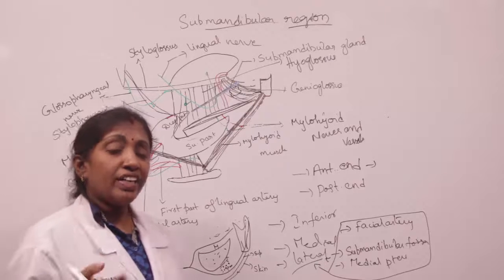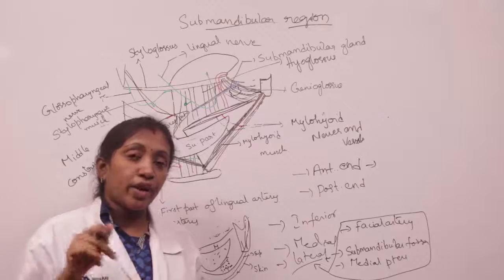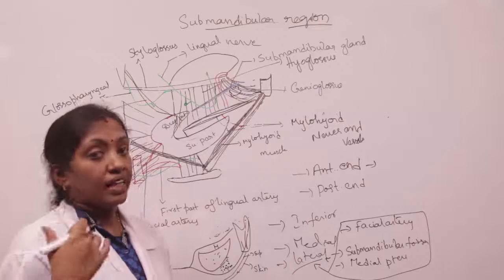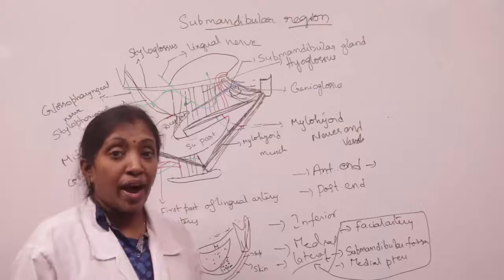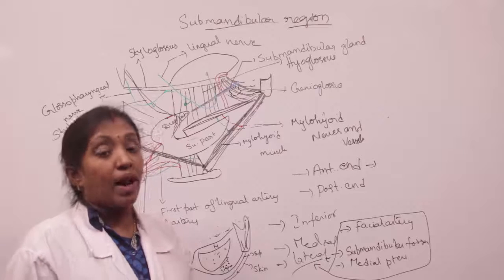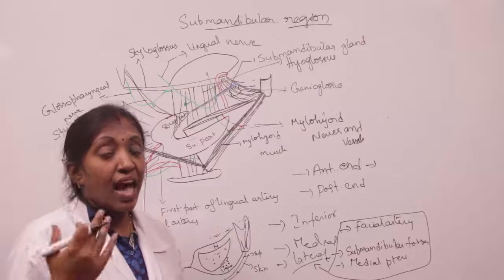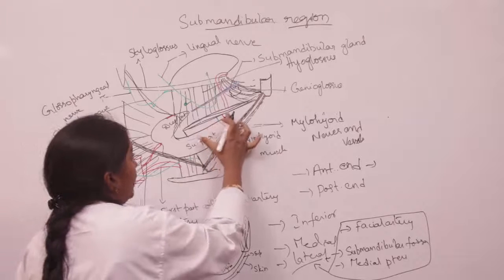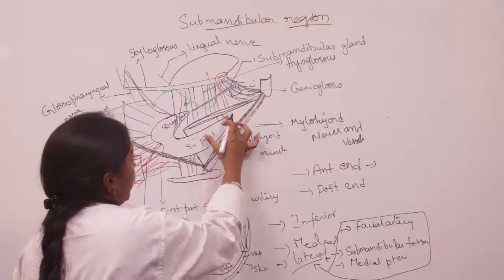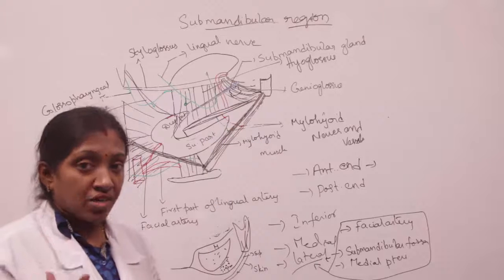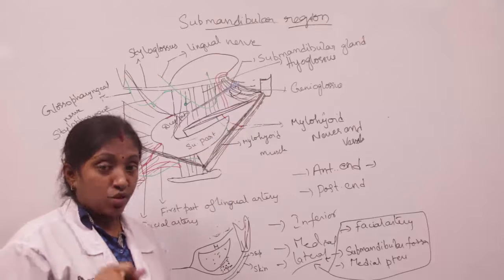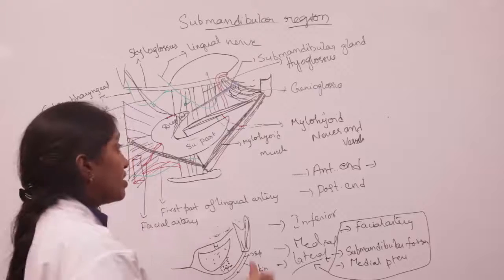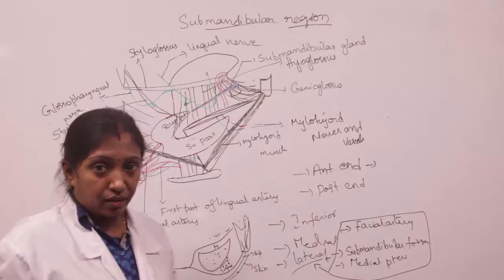We know that the inferior alveolar nerves and vessels, before entering the mandibular foramen, give off the mylohyoid nerves and vessels. This mylohyoid nerve supplies the mylohyoid muscle as well as the anterior belly of digastric. So the anterior part of the medial surface rests on the mylohyoid muscle and is related to mylohyoid nerves and vessels.